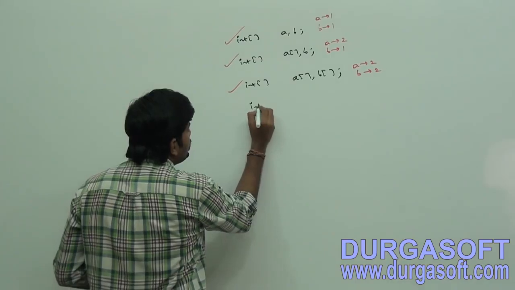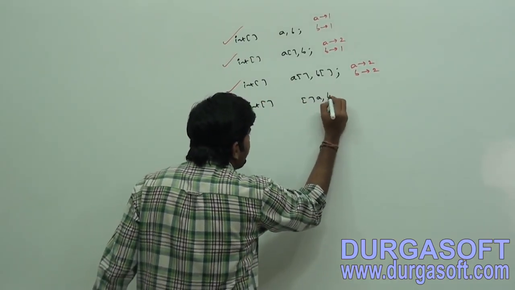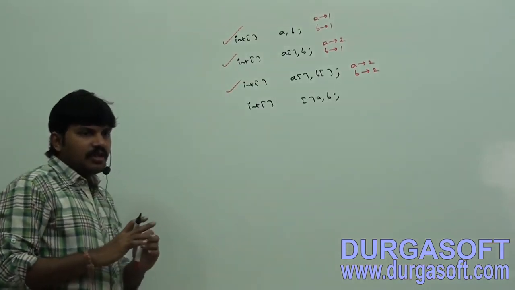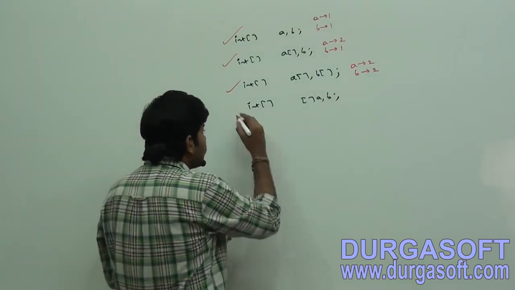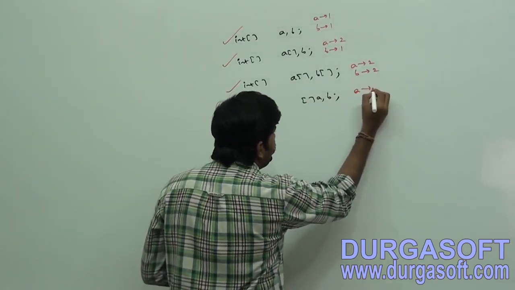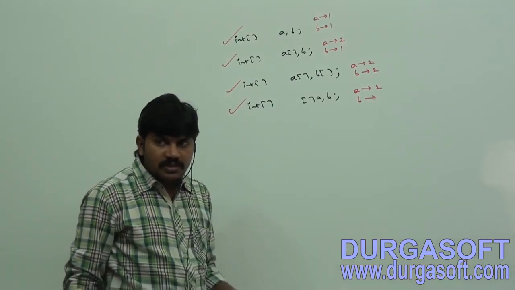Next int array a comma b. What is a's dimension? 2. What is b's dimension?